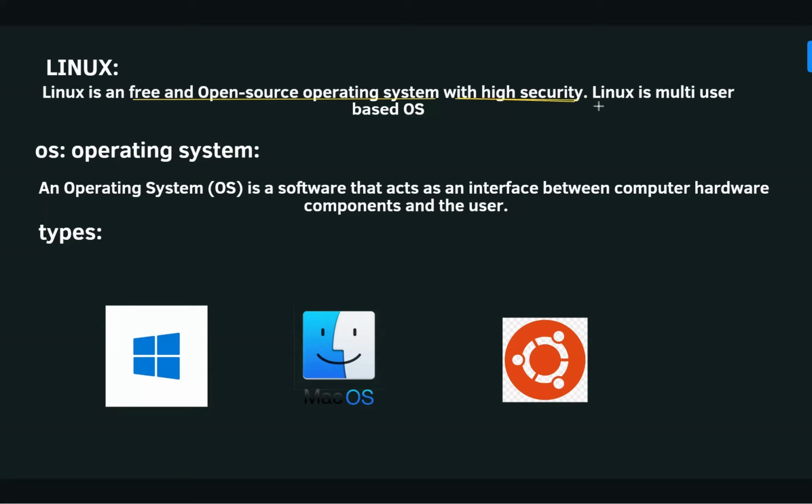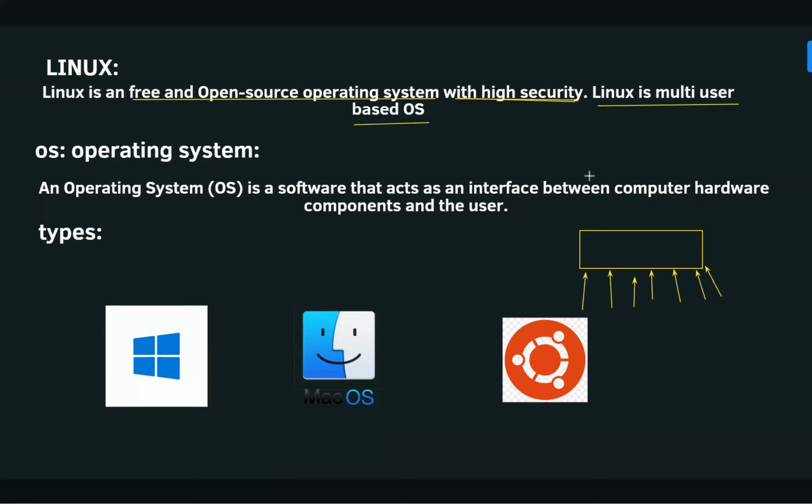Next, Linux is a multi-user based OS. So what exactly is the meaning of multi-user based OS again? Let's say this is your server, this is your Linux machine. Multiple users can log in at a time. Multiple users can connect with your server at a time. So this is nothing but the multi-user based OS.